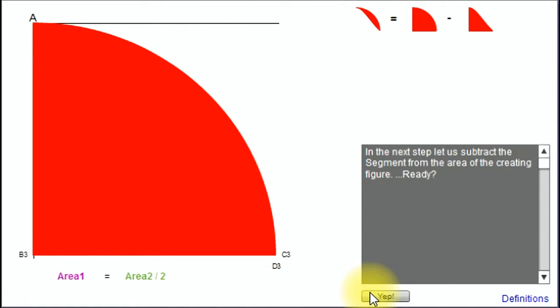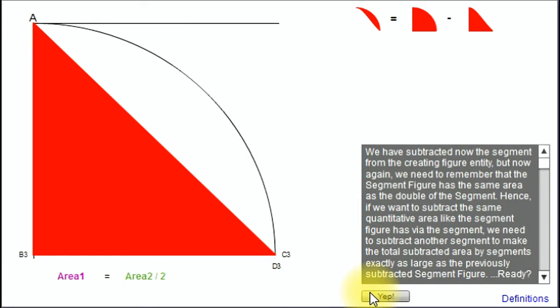In the next step we subtract now the segment or the double segment from the quarter circle. So we subtracted now one segment, so the quarter circle minus the segment is giving us this triangle.